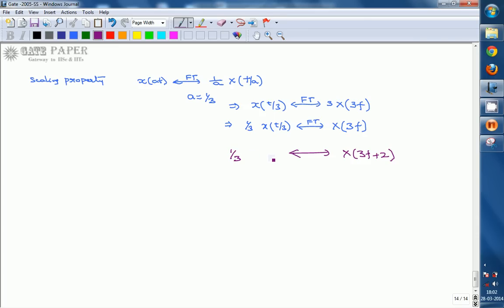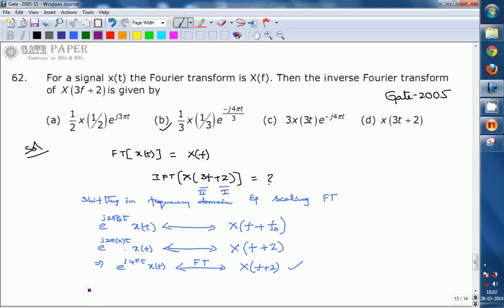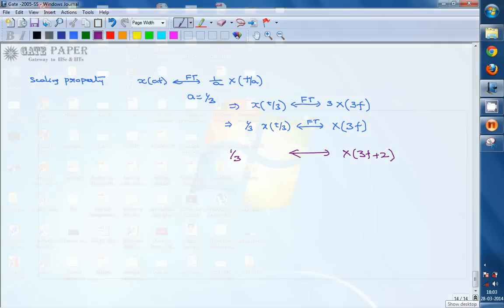X of t by 3 means we need to replace t with t by 3 in that expression. We have e power j 4 pi t into x of t, and we need to replace t with t by 3 here.